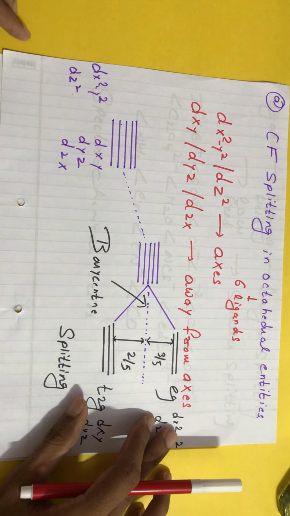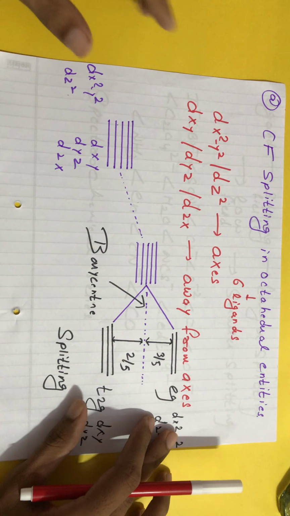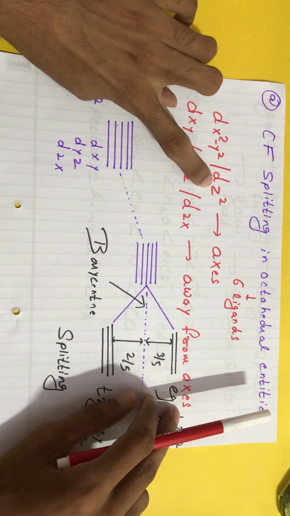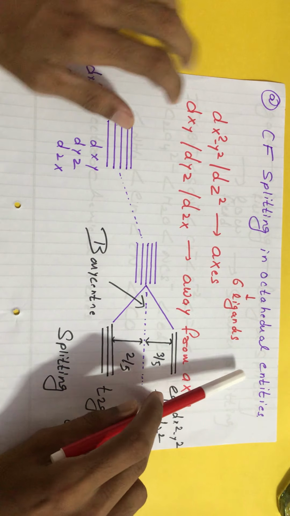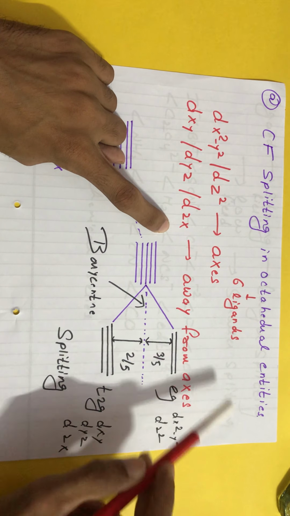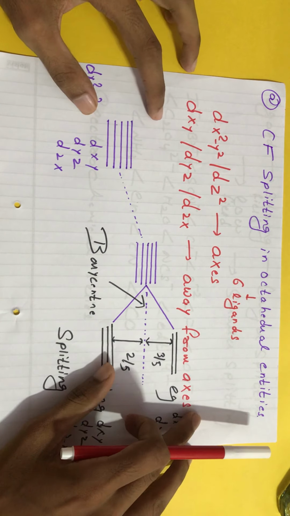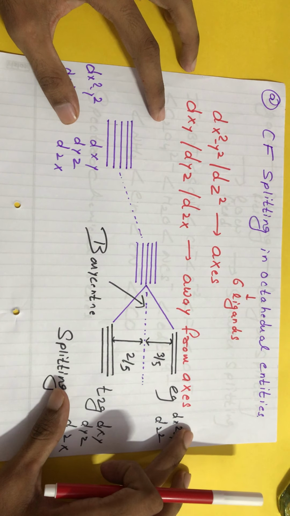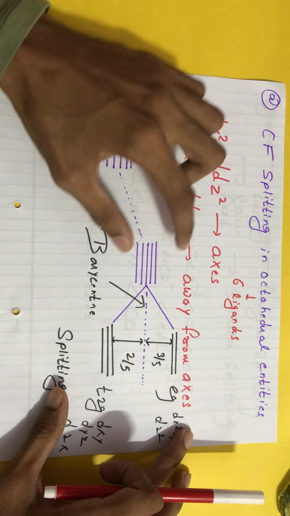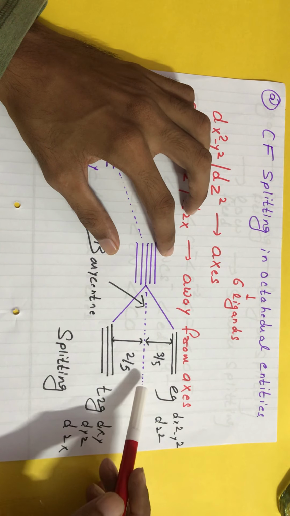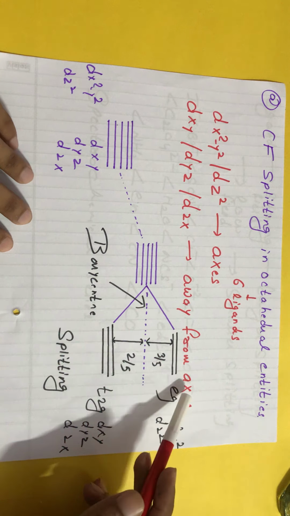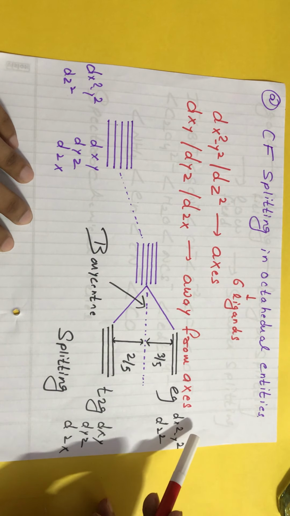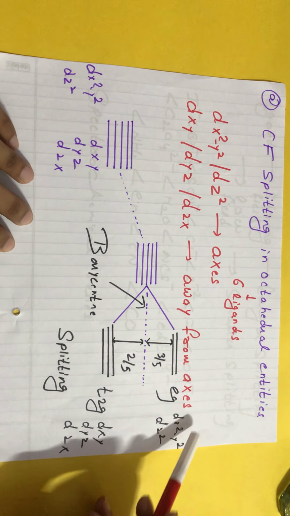So in crystal field splitting in the octahedral complexes, where 6 ligands are involved, dx2-y2 and dz2 are on the axis, and xy, yz and zx are away from the axis. Initially all the 5 orbitals are equal in energy, but due to the ligand environment, the repulsion occurs, and this splits into 3 and 2. It means the orbitals away from the axis and the orbitals on the axis split.